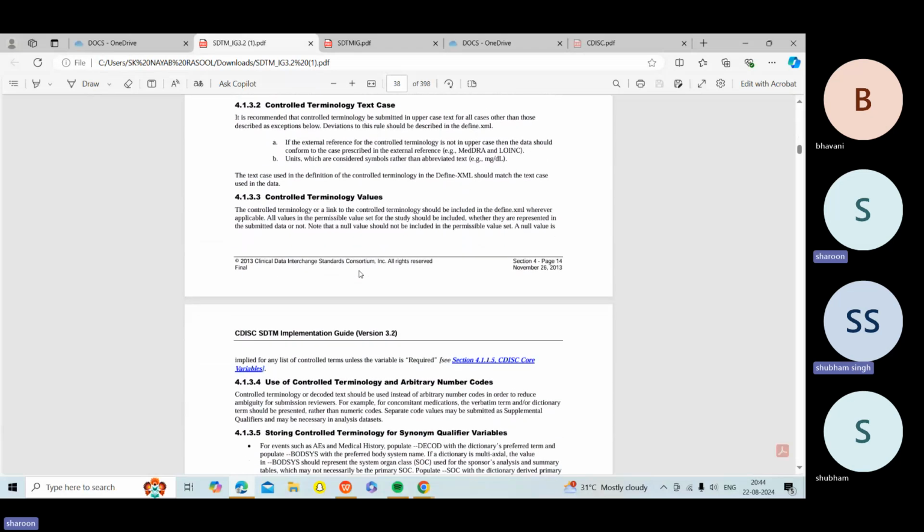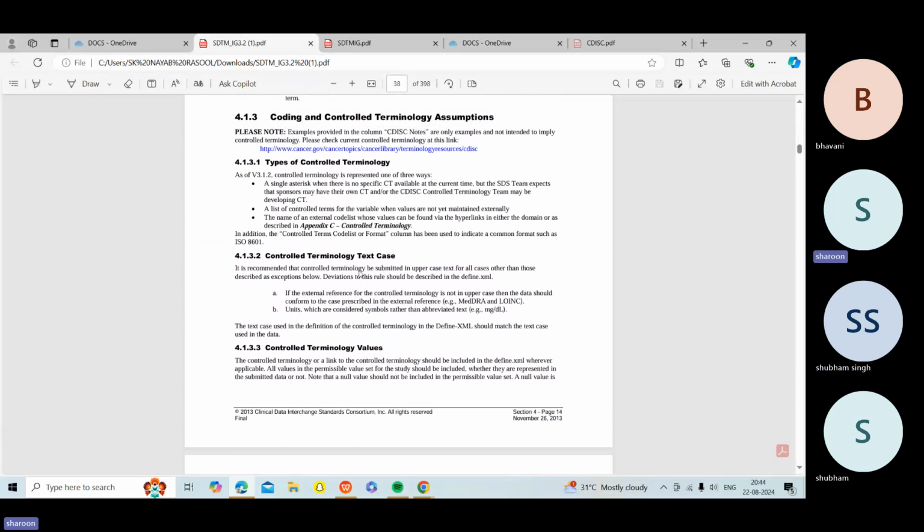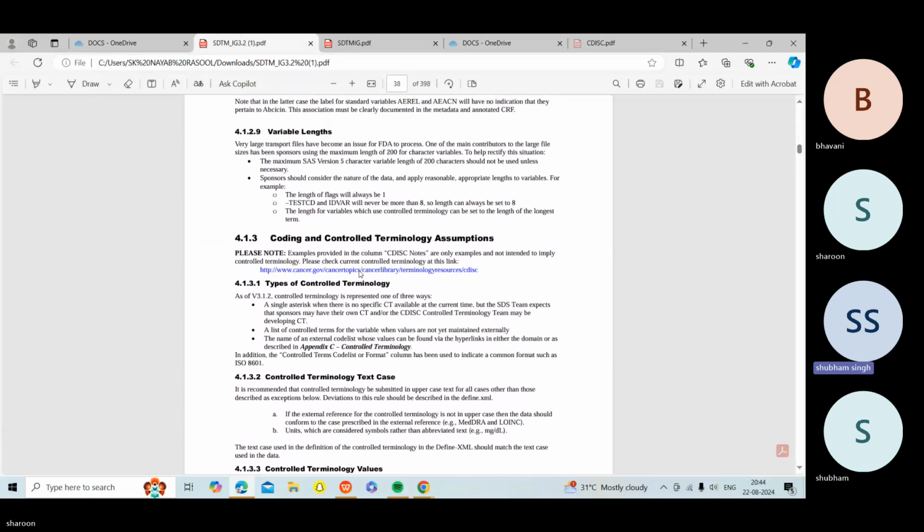Actually, they have explained about the datasets because they have created the standards. So that information is there.